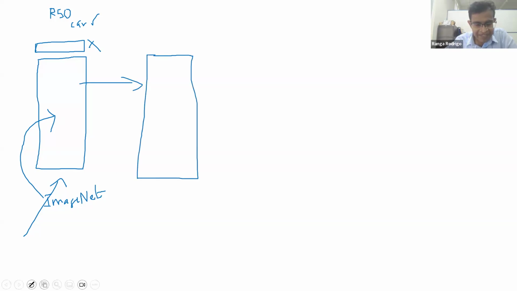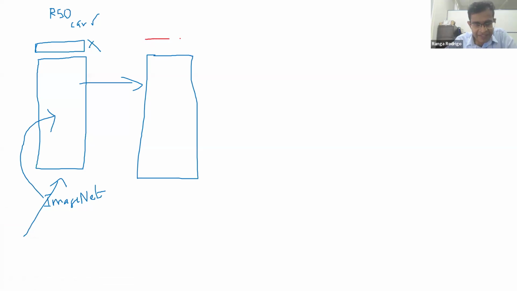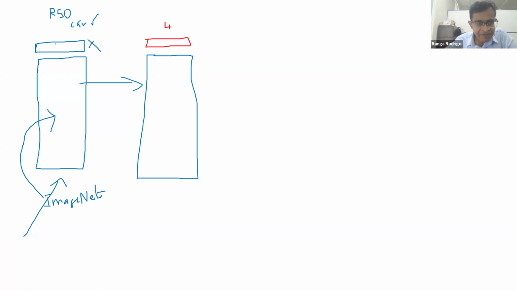Now the ImageNet weights are there. We attach a layer corresponding to the number of classes that we have. Let's say maybe we have only 4 classes here. With ImageNet, how many classes did we have? You have 1,000 classes, so this fully connected network will give you an output size of 1,000. Here it would be 4 because we have 4 classes, or 3 classes.